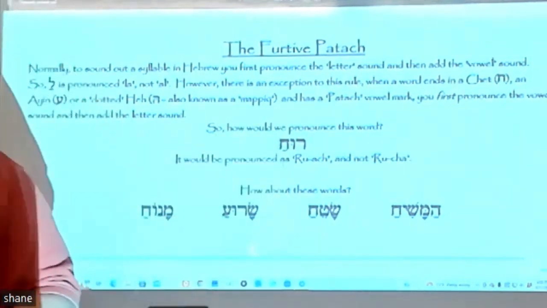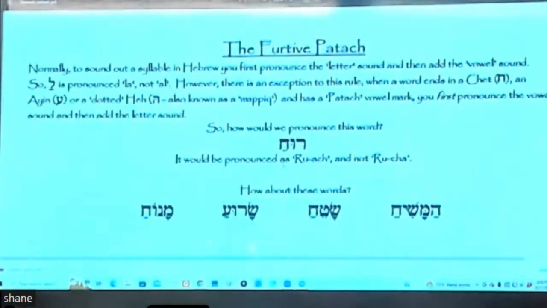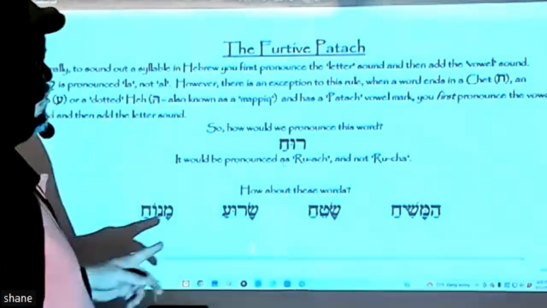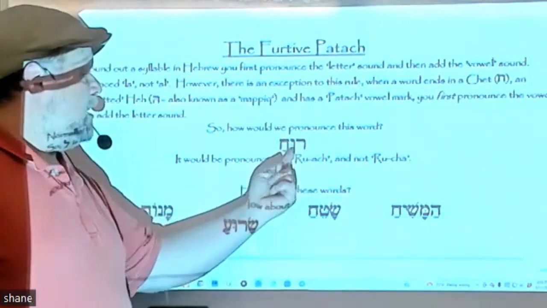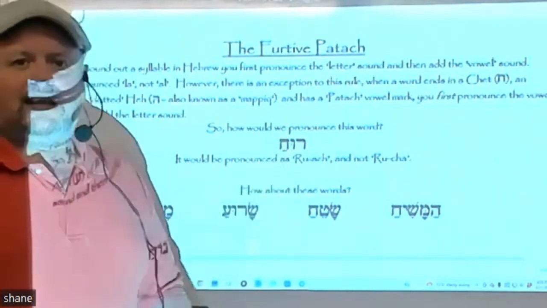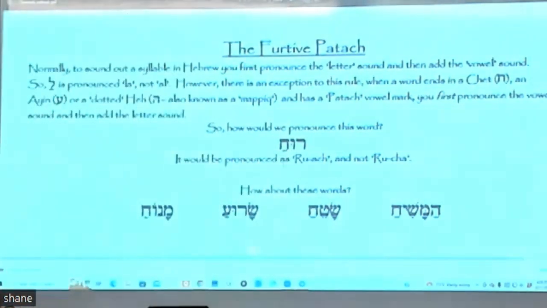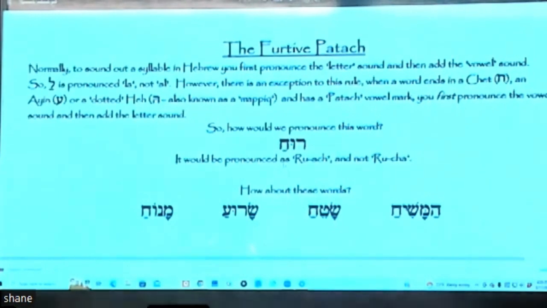So we end up with ach, right? So what is the word here? We have ru ach. Normally we might see that and think ruha, right? But since this is a het, it's pointed with patach, and it's at the end of the word, we're going to pronounce it ruach.